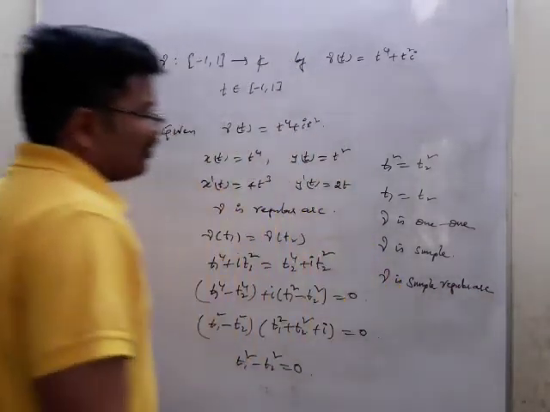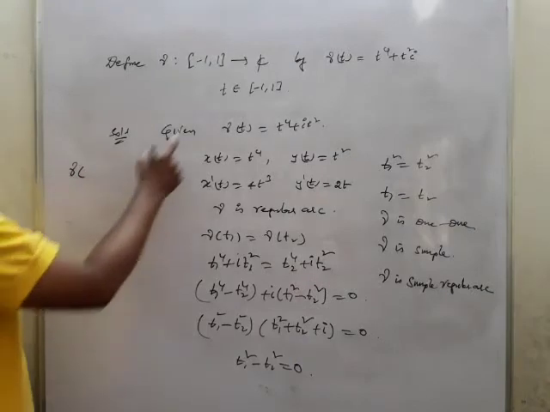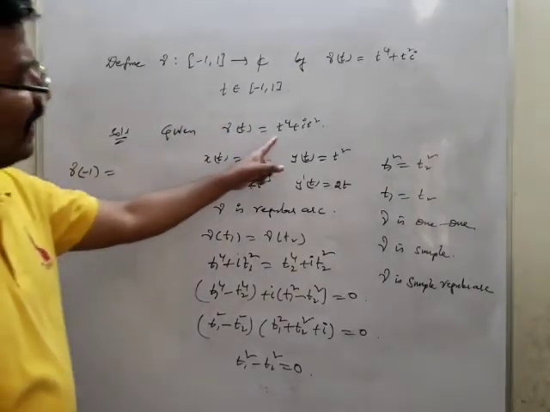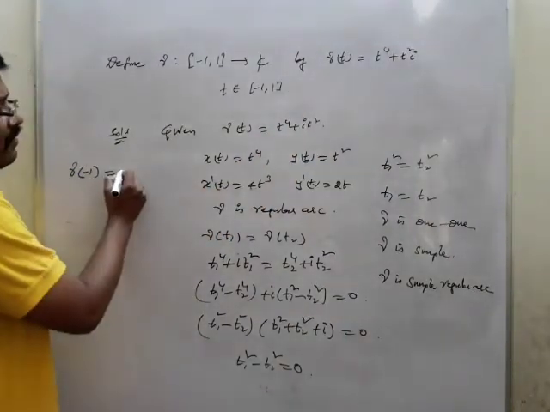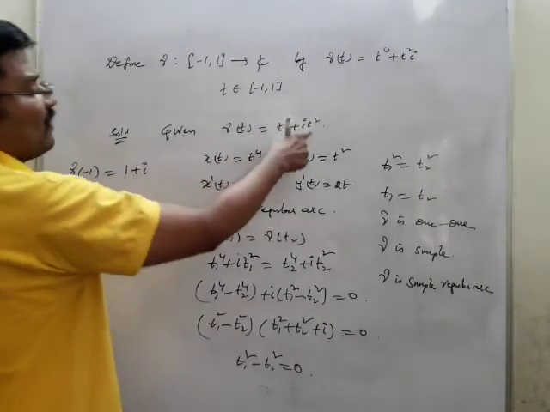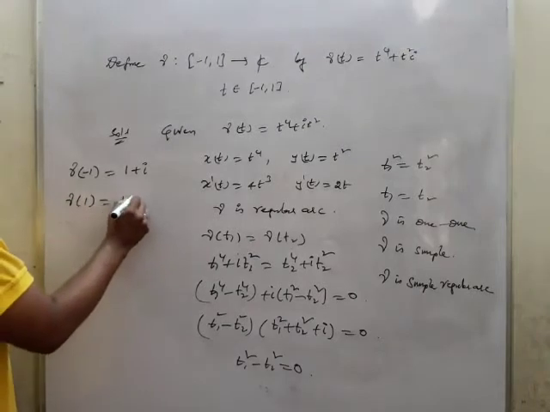Whether gamma is closed or not, that also we should find out. So gamma of minus 1 is equal to minus 1 whole power 4 plus i times minus 1 whole square. So what you will get now? Minus 1 whole power 4 is nothing but 1 plus i, minus 1 whole square is 1. Gamma of 1 is nothing but 1 plus i.